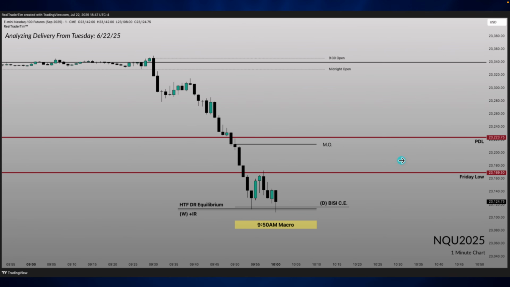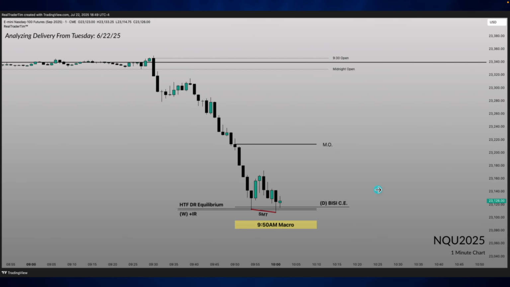Okay, so clear manipulation, discount of the higher time frame dealing range, key reference points, and then we start to see our macro signatures. So not only are we seeing the bodies respect these higher time frame key levels, but we're seeing a macro SMT into those key levels during a macro window.